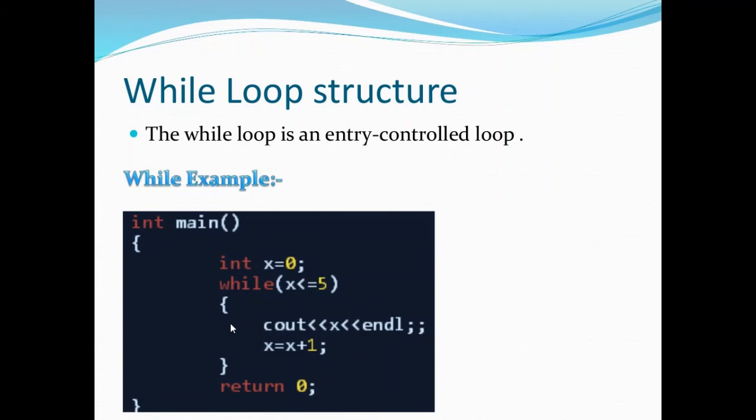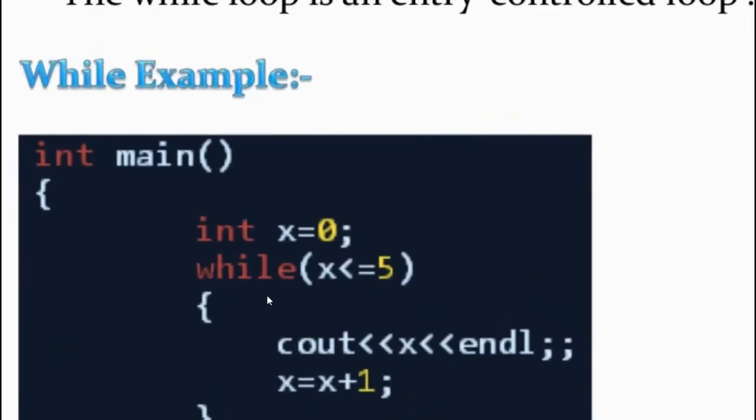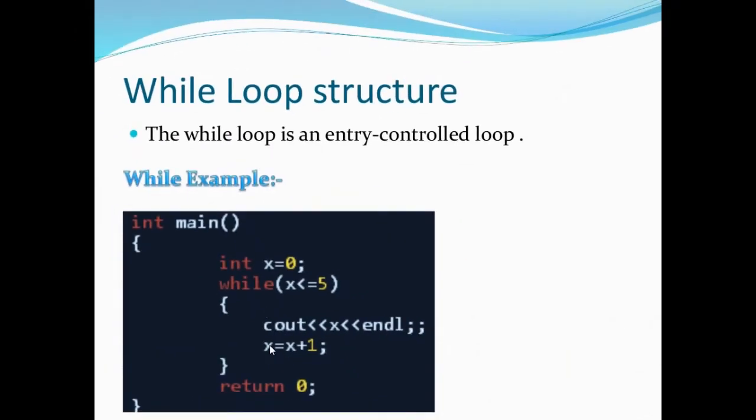While loop structure. The while loop is an entry control loop. Example for while loop structure: x equals 0, while x is less than or equal to 5, cout x and endl, and x equals x plus 1. If the statement written inside the parentheses of while is true, then only the control will enter the block of statements.